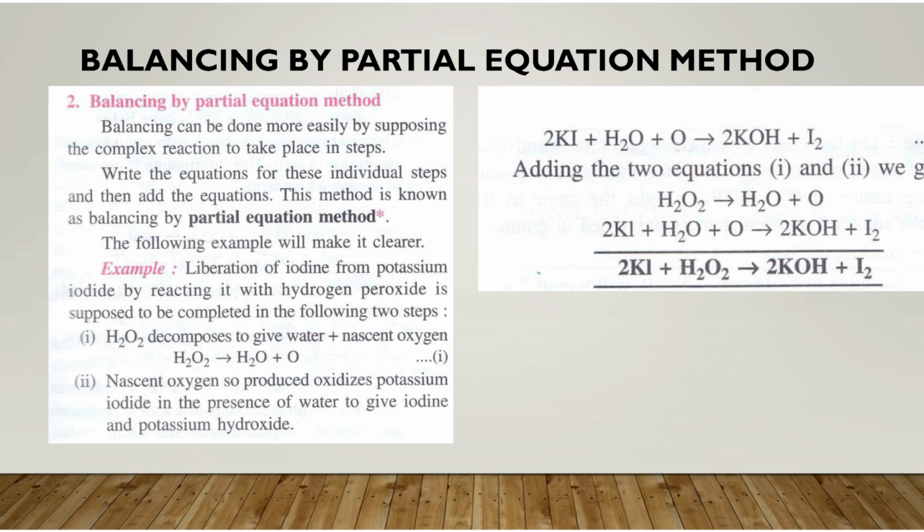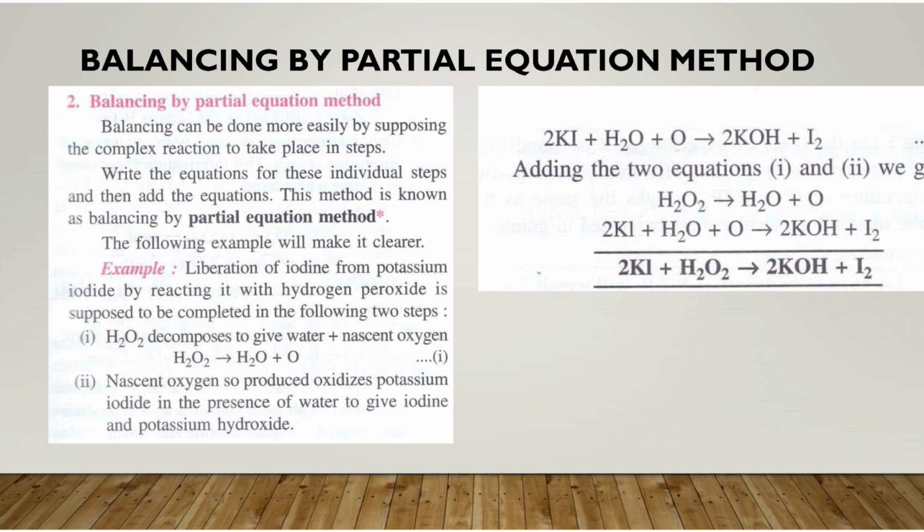What are the common species? H2O. You can see H2O in both reactions: in the first reaction there is an H2O and in the second reaction there is also an H2O. So we cancel H2O. Then we write the equation. What will the equation be? 2KI plus H2O2 on the reactant side, and on the product side, 2KOH plus I2.